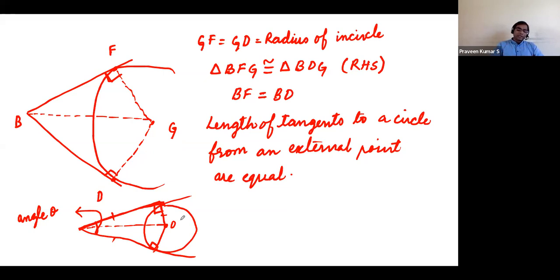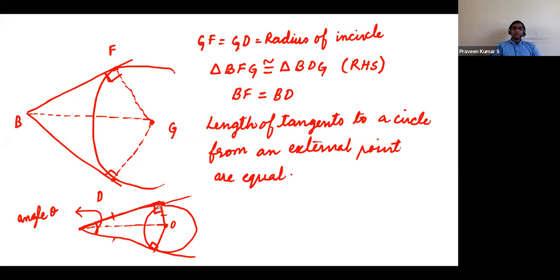Okay, so in circles, you will have some very interesting questions around tangents. So 2-3 things which you have to always remember. One is, if you take an external point from the circle, the lengths of tangents will be equal. Next, from the center of the circle, whenever you draw a line to the foot of the tangent, that is always the radius, and it will always be perpendicular.